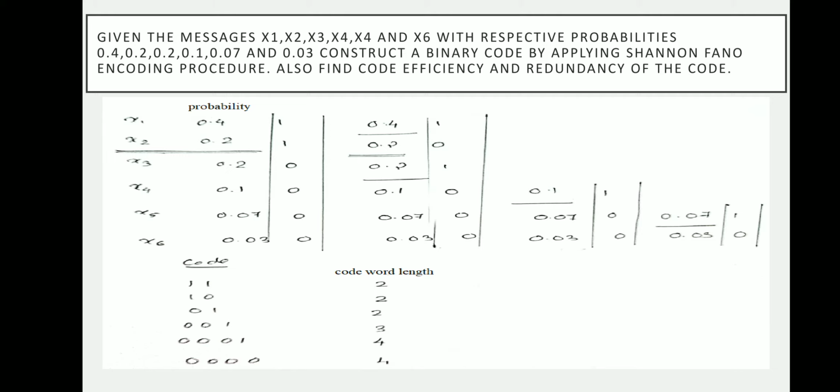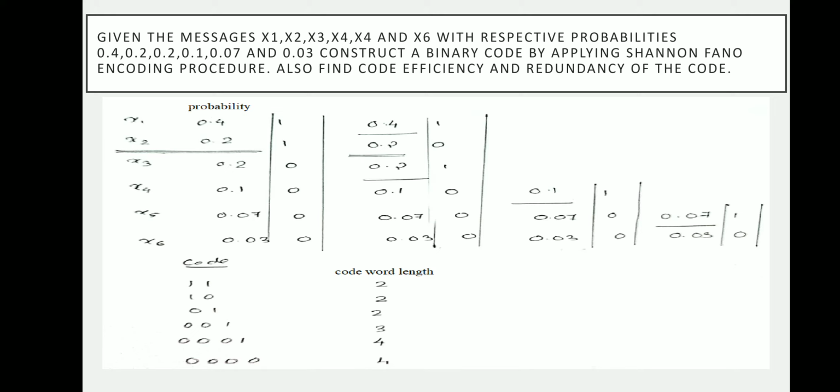Here we are going for binary coding, so we divide the symbols into two groups in such a way that the sum of probabilities of each group is nearly the same. We can divide this as x1 and x2 together, 0.4 plus 0.2, which gives 0.6, and the remaining is 0.4.